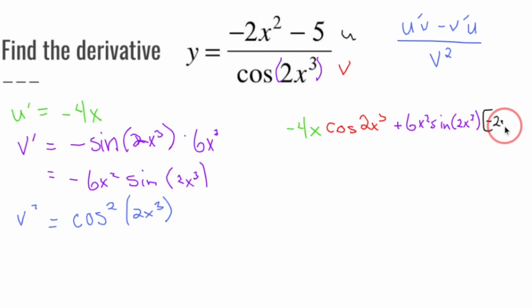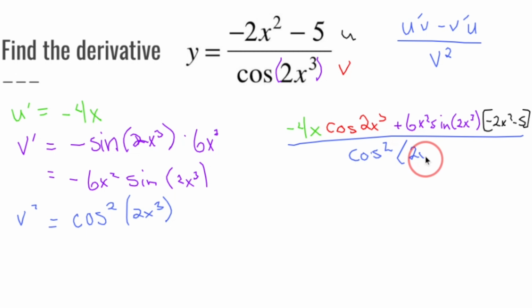Negative 2x squared minus 5. Close that up. All over cos squared 2x cubed.